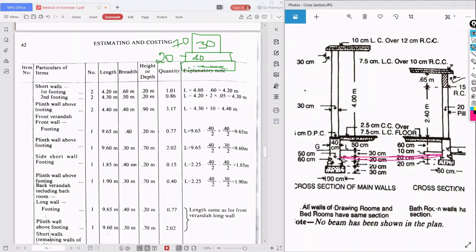At the first footing of the cross section of the veranda wall, the same level plinth will come in the main wall. That's why they have subtracted minus 40 by 2 here. This 40 by 2 is from the main wall, from the first footing of that. Okay, keep that in mind. So very important.